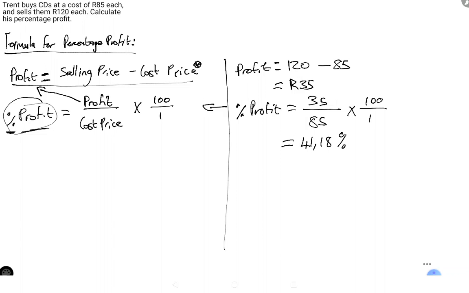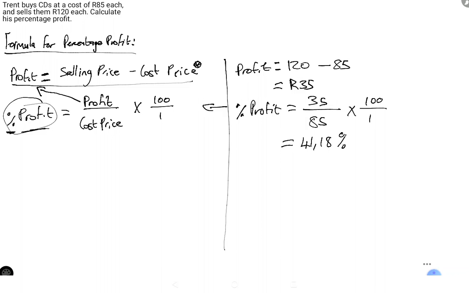Because the 7 is above 5, we add to that second decimal. Instead of having 6, we're going to add 1 because 7 is above 5. All right, so that's how we get the percentage profit.